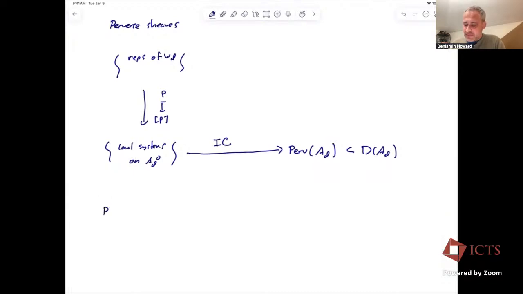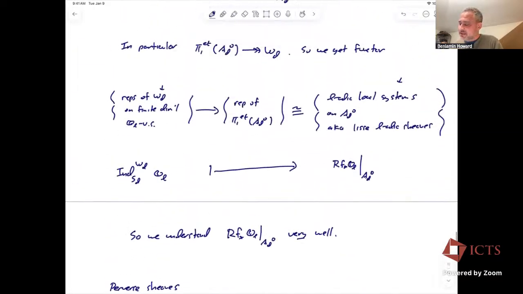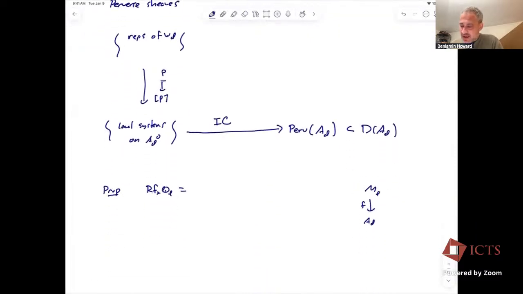But then the proposition is that if I want to get the higher direct image of the constant sheaf under the Hitchin map, what I do is I can restrict it back to the regular semi-simple locus and then apply this extension.